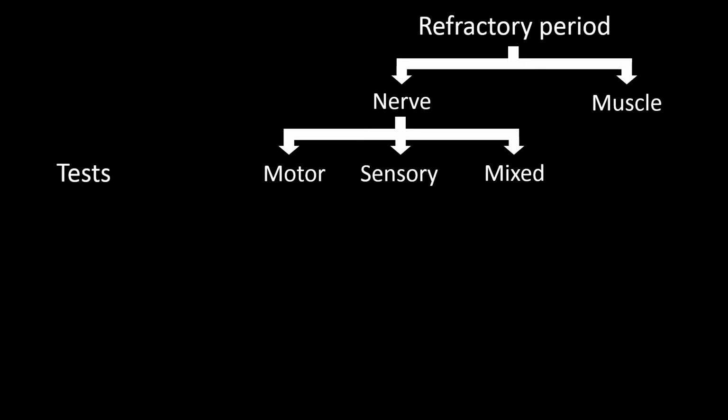The tests used to study the refractory period are paired stimuli. This test can study motor, sensory, mixed nerves, and muscles.